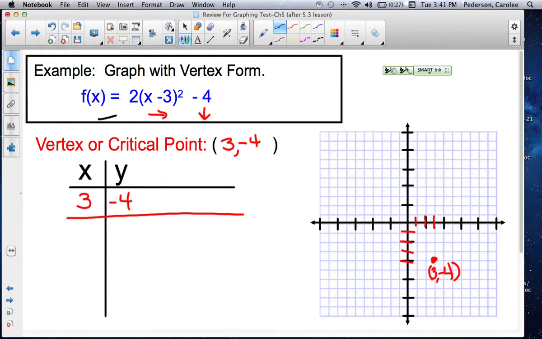Notice what this 2 in front of the function does. It's a multiplier. It changes the y-axis by a vertical stretch of 2. So you're changing every y value by 2.